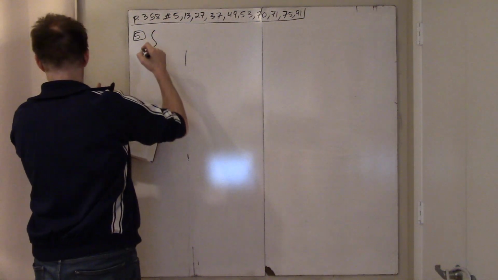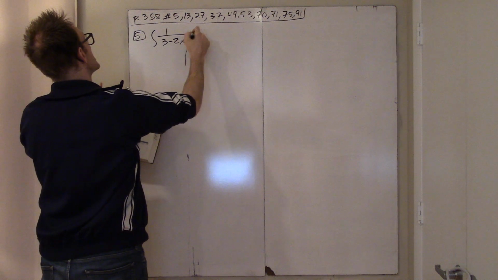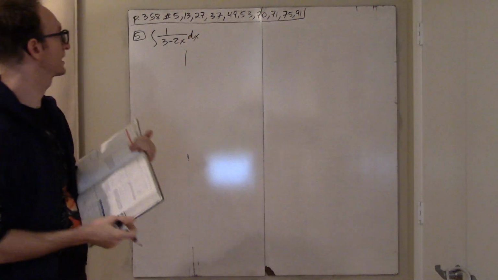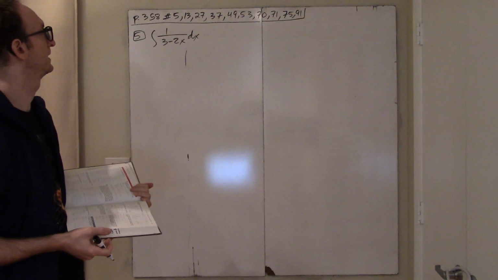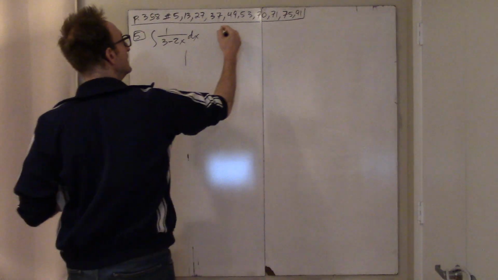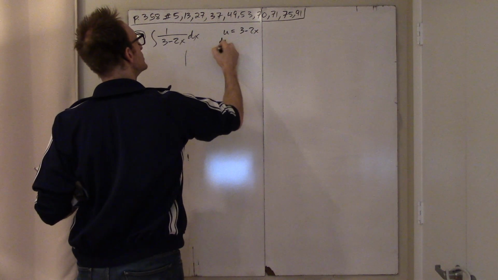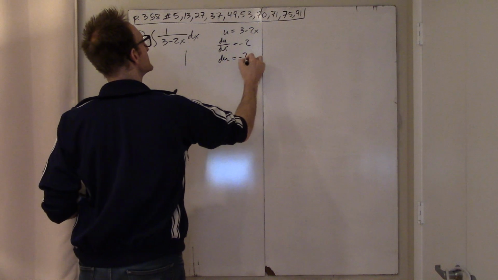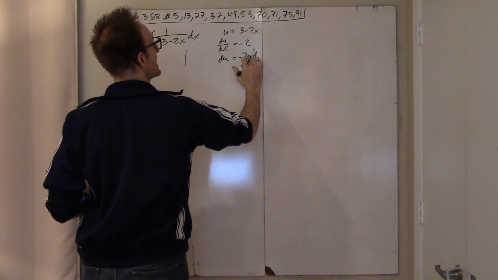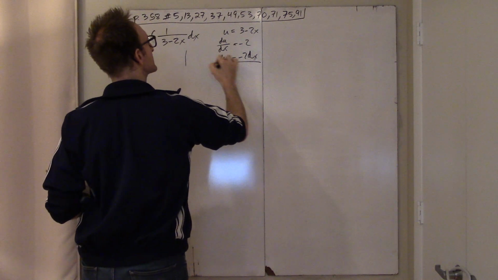So here 5 is just an anti-differentiation problem, 1 over 3 minus 2x dx. And I think that the thing to do here is just do a u-substitution. So okay, we let u be 3 minus 2x. du/dx is negative 2, and therefore du is negative 2 dx.